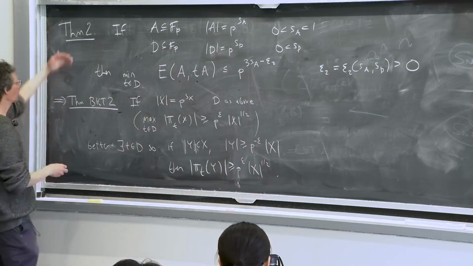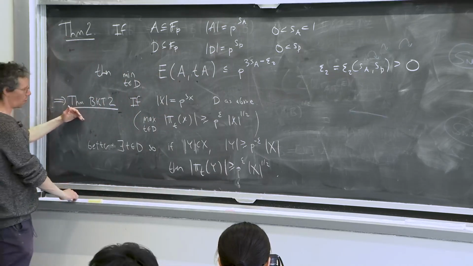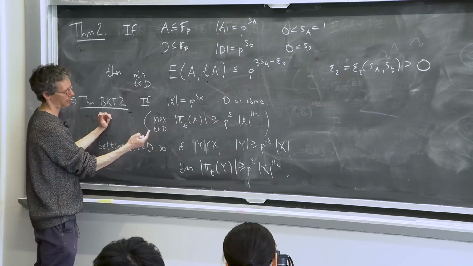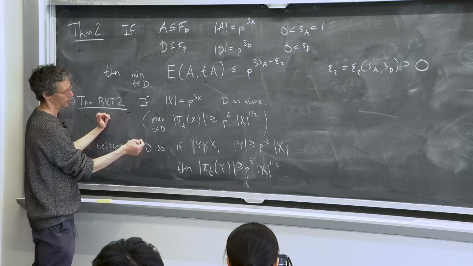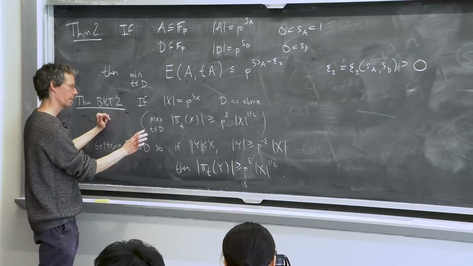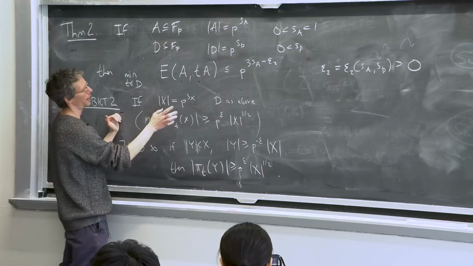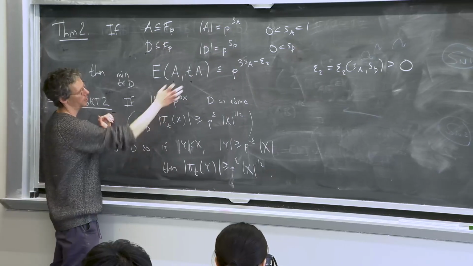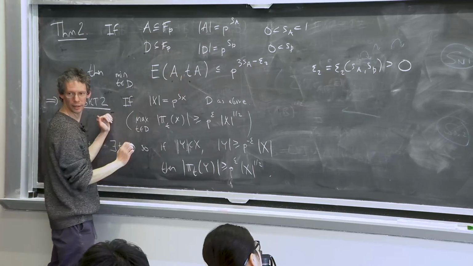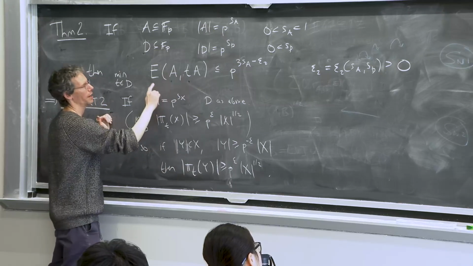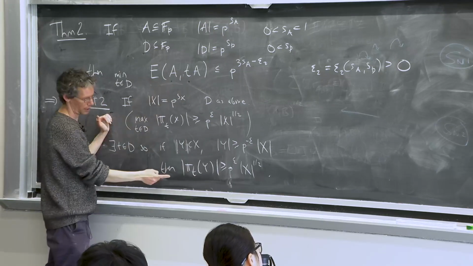OK. So the proof from here to here is, we observed earlier that we can reduce to the case, yeah, I guess I should say, using Balog-Szemerédi-Gowers, we could reduce to the case where X is a big subset of A cross A. And then Y is a big subset of X, so Y is a big subset of A cross A. And then you use the energy bound to get this.